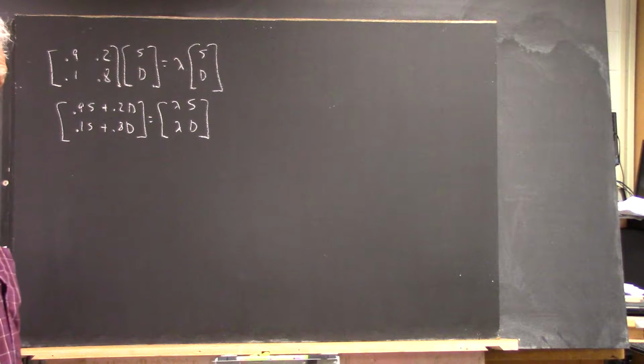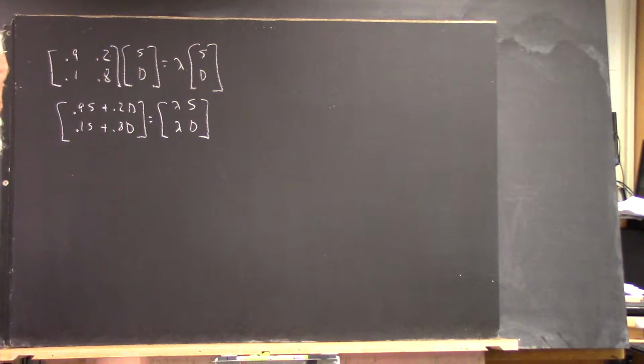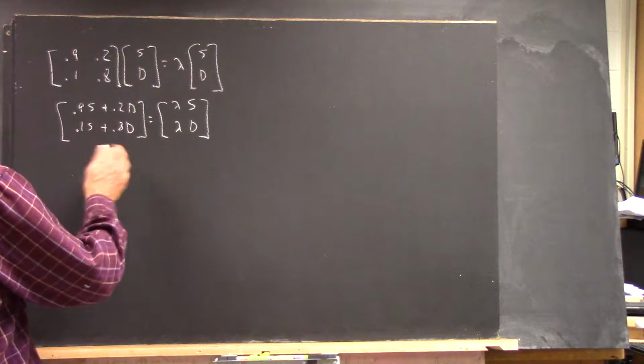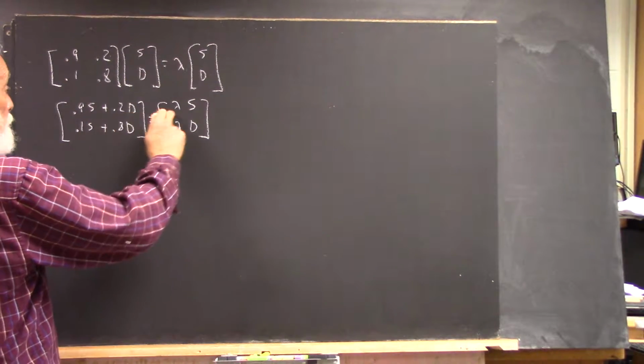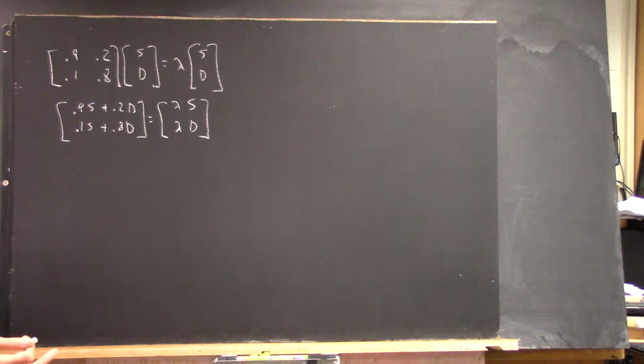So we get this system of equations, right? Well, we get this matrix equation. This matrix equation means, well, if these things are equal, that means this must equal this, and this must equal this. Otherwise, it wouldn't be equal.